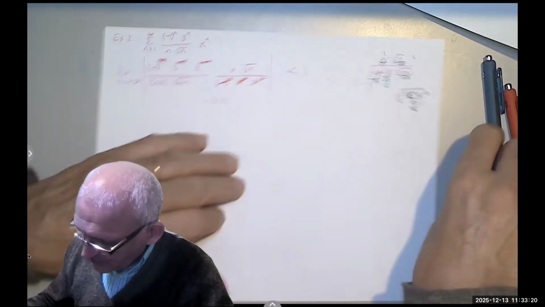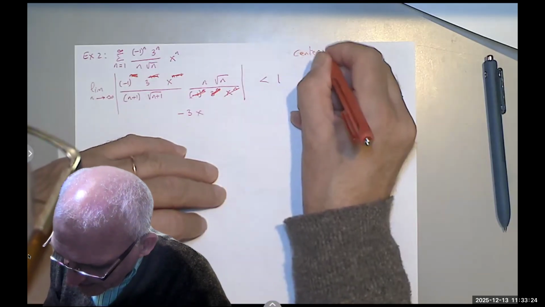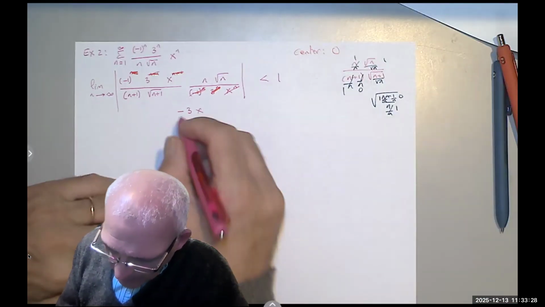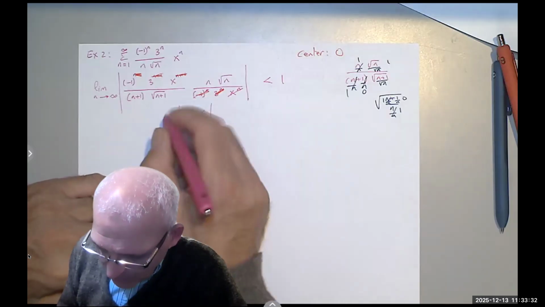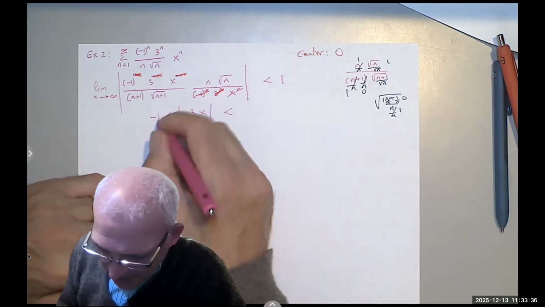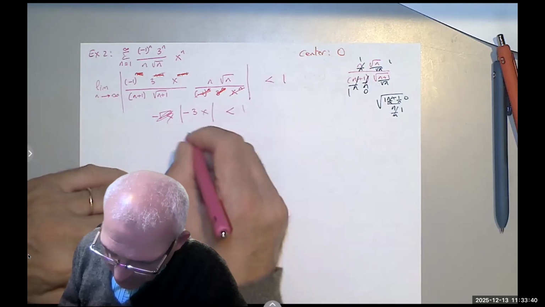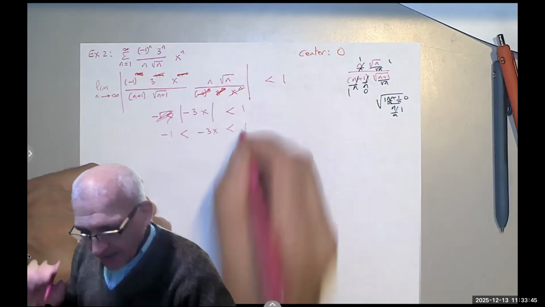First of all, I forgot to say that the center is at 0, right? Now, I want the absolute value of negative 3x, which is 3x, to be less than 1, meaning negative 3x should be greater than negative 1, less than 1.